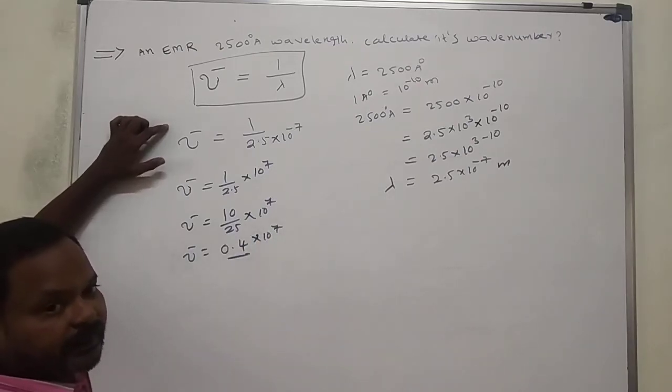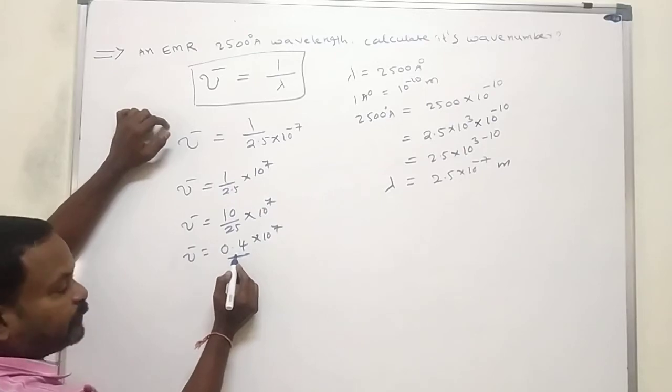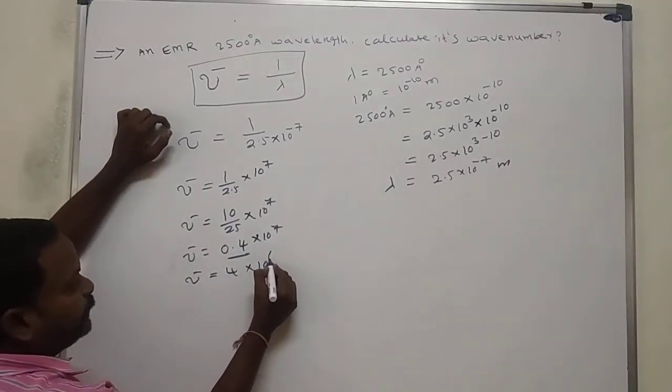But 0.4 is not a number between 1 and 9.9, so we should convert it into another form: 4 into 10 to the power of 6.